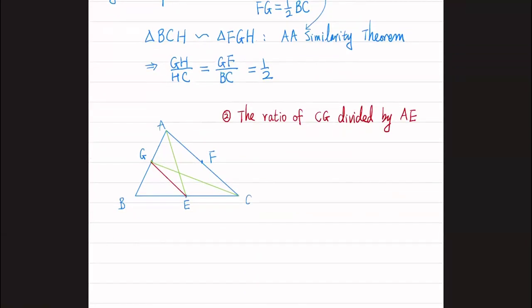This time I connect EG. E is the midpoint of BC, G is the midpoint of AB. What can we say about this segment?